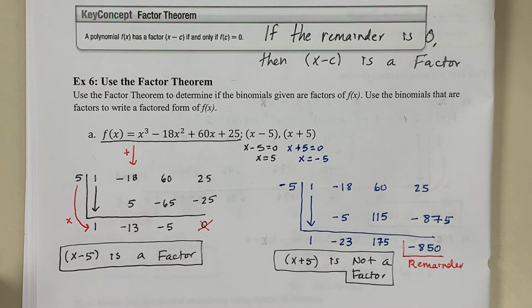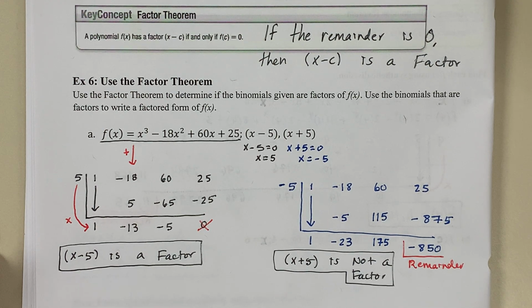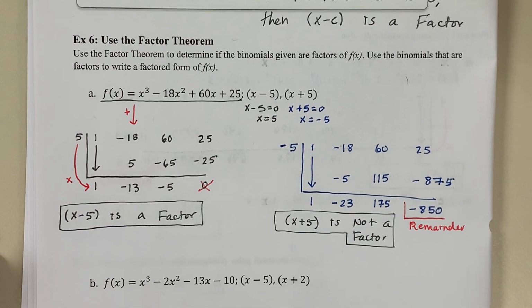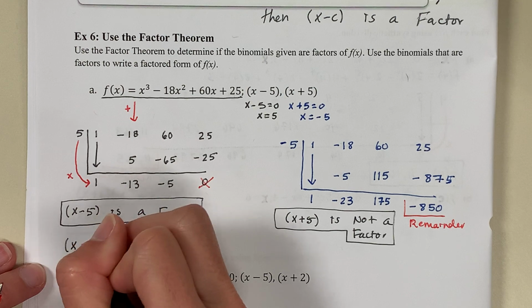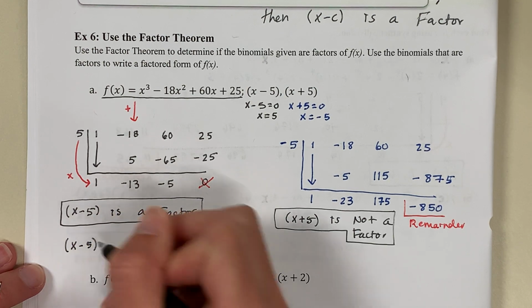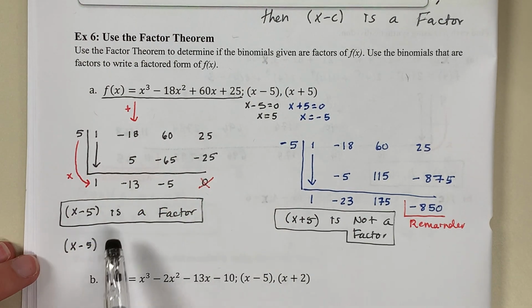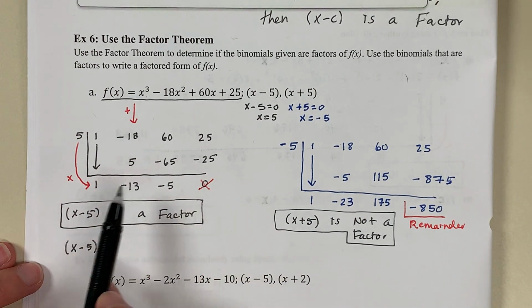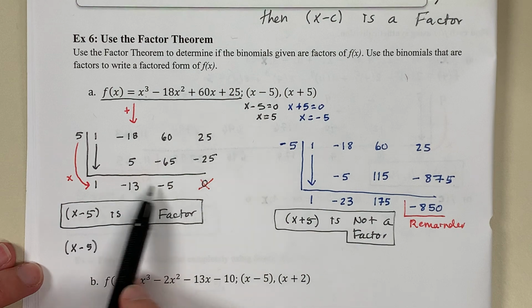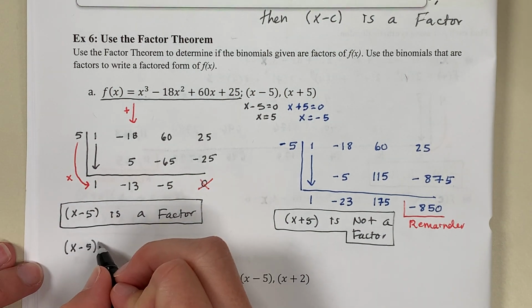Now, once we have determined which is a factor and which is not a factor, we're going to use the binomials that are factors to write a factored form. Since x minus 5 is a factor, I'm going to list that with the polynomial that I received after I divided. Since I started at x to the third power and I divided by x, these are the coefficients, and I'm going to begin 1 degree less.